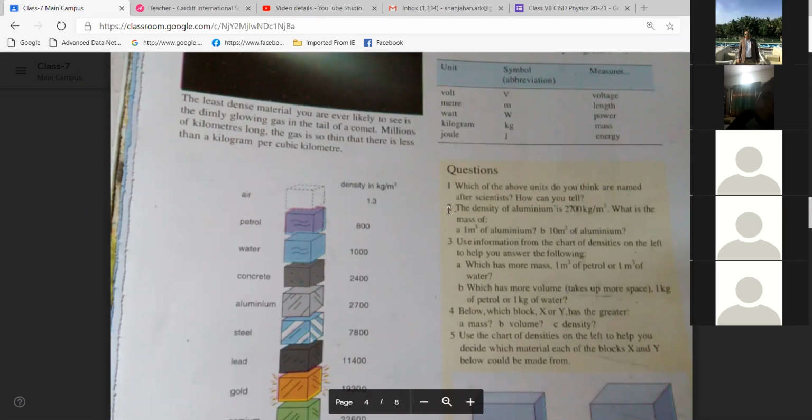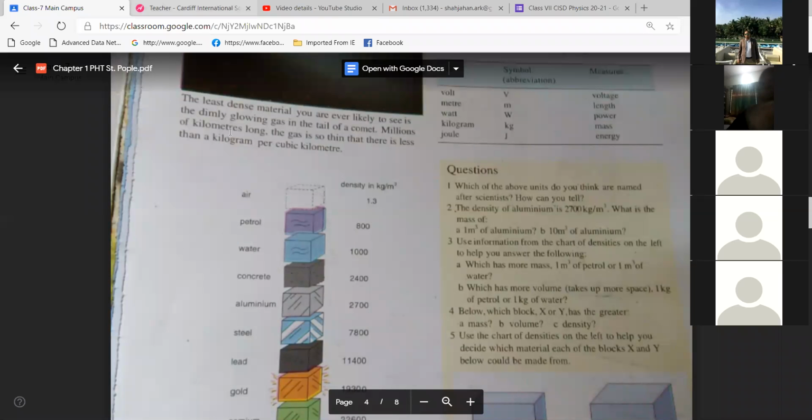So what is the formula? Rho equals m by v, right? Rho stands for density, the symbol of density is rho.